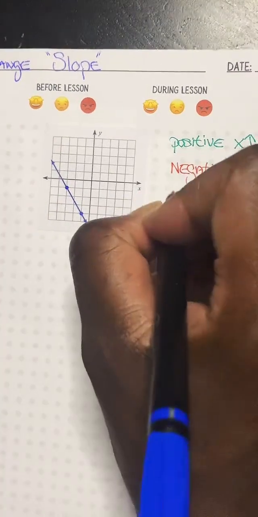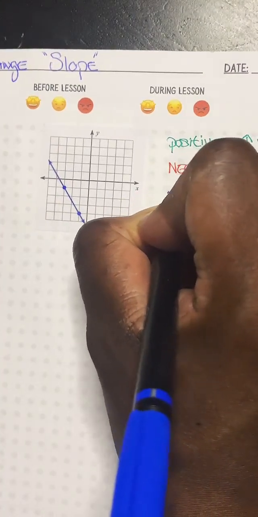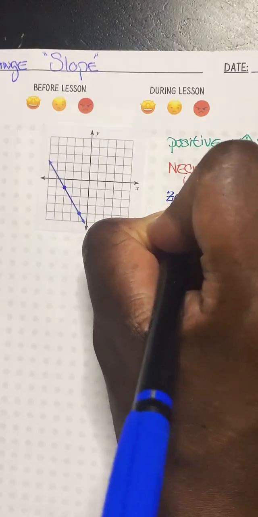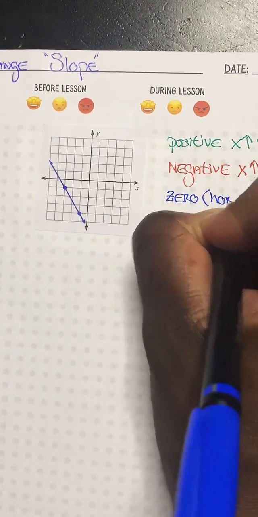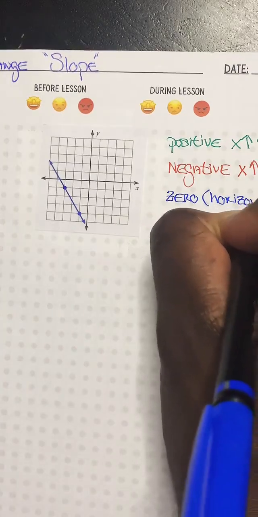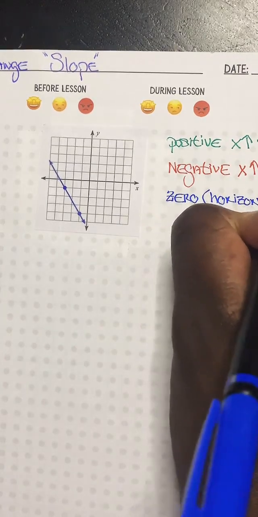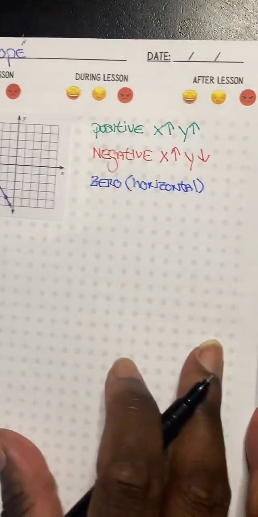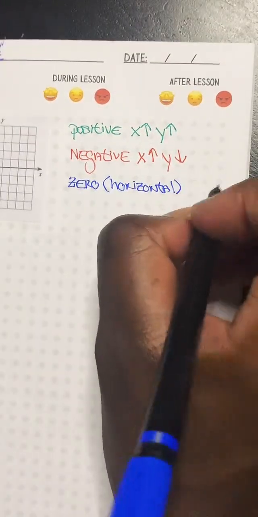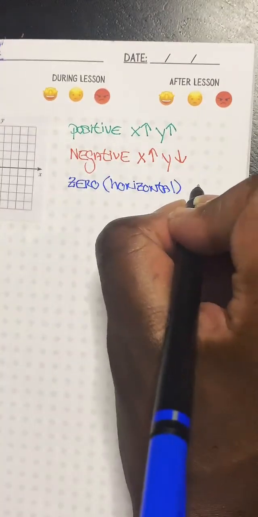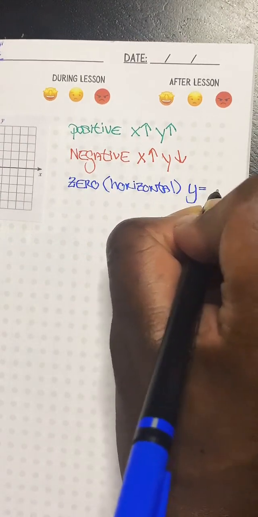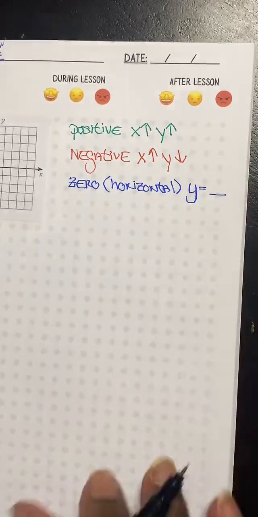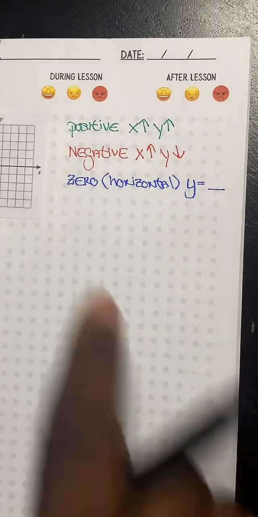Another one is our zero slope. A lot of people like to call that your horizontal. So for your horizontal, it's only crossing over your y-axis.